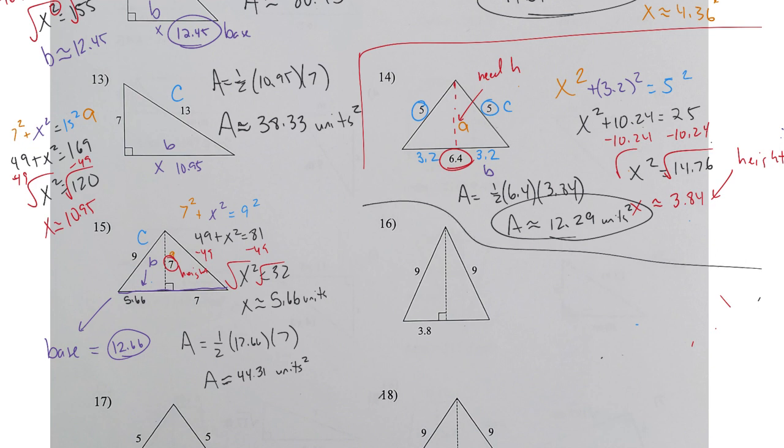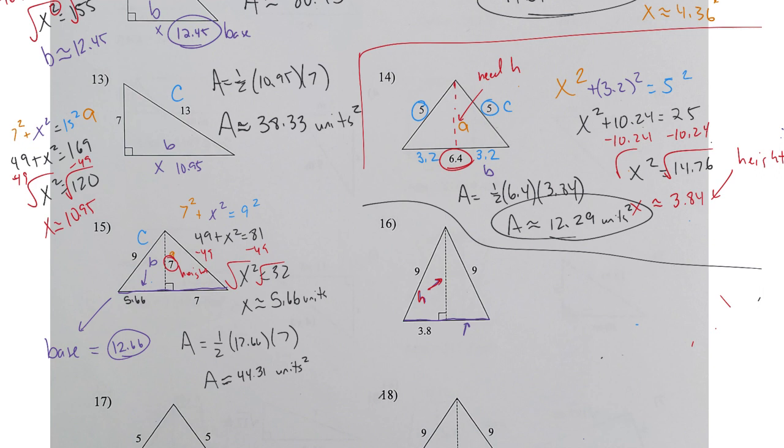16, exact same concept. All right, to find the entire base, we need to find this piece right here. And really, to find this piece, we need to know the height. So remember, we need this piece, height.